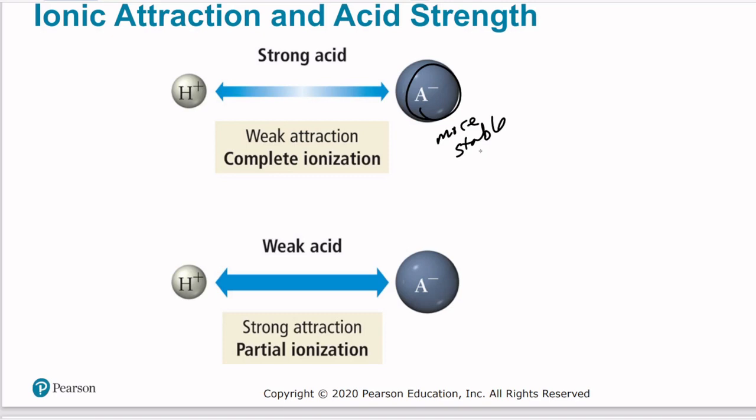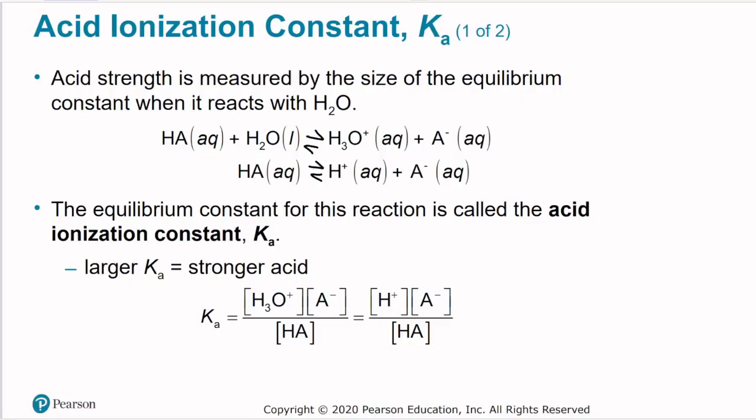And the weak acid has a stronger attraction between the anion and the H plus, which means it's less stable in water. The more stable the anion, the stronger the acid, the more likely it is to release that H plus.